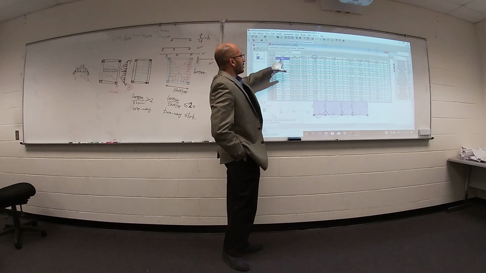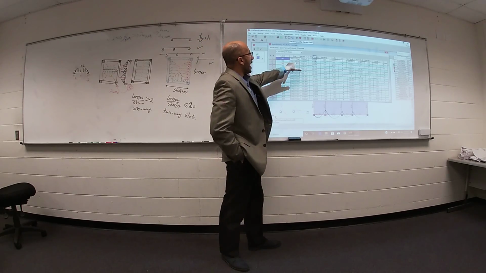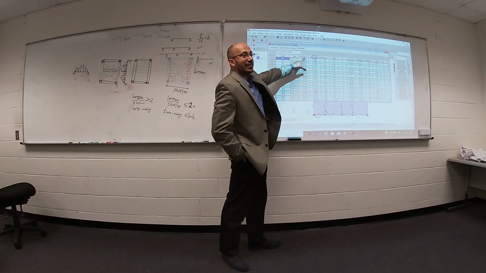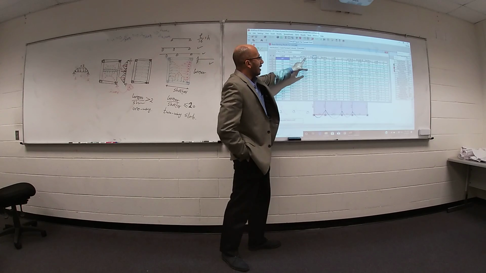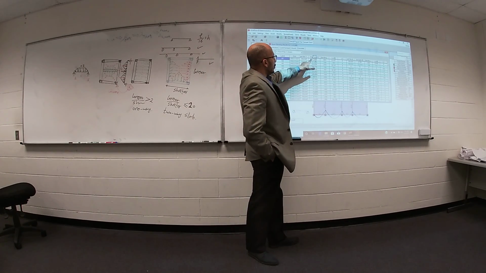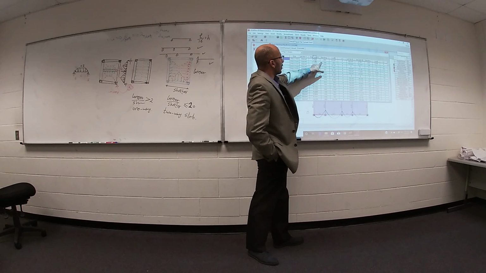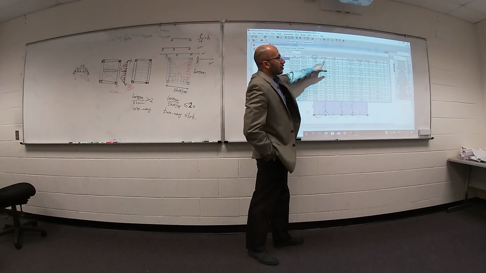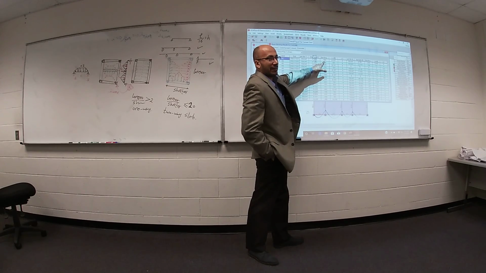For each member, we have phi MN, which is the design bending moment. And it divided your required moment by the available moment and you got a ratio. If this ratio is greater than 1, it's unsafe. If your ratio is smaller than 1, you are safe.